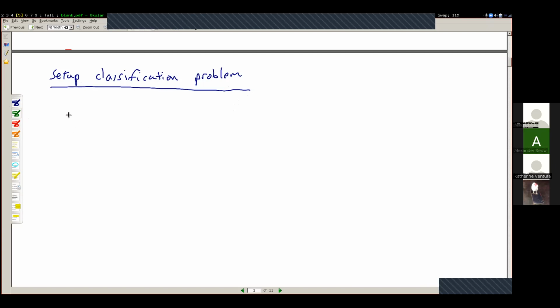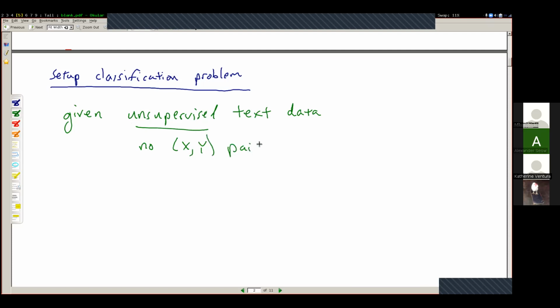The idea is that we're given unsupervised text data, usually off the internet. By unsupervised, again, I mean there are no XY pairs, just the X values.